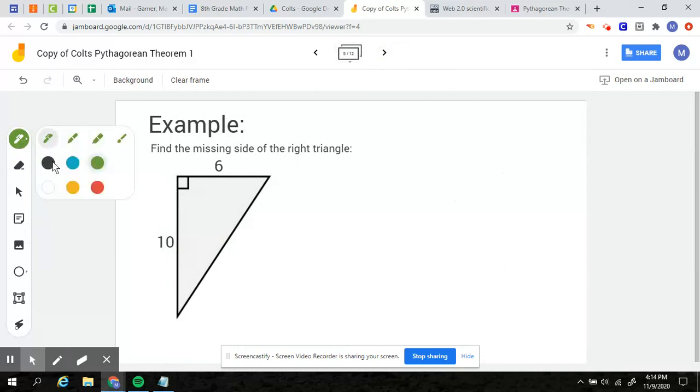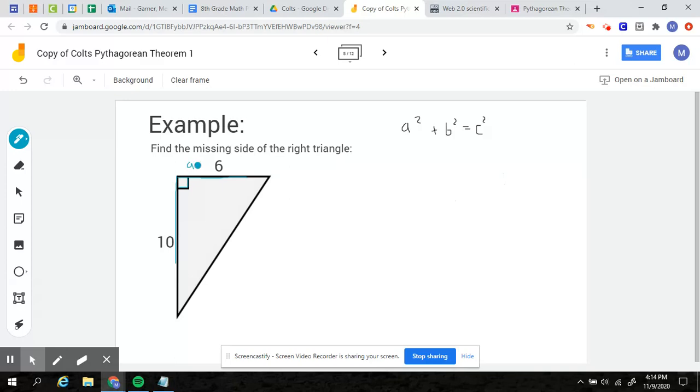One more example here. Our theorem, once again, the Pythagorean Theorem, says a squared plus b squared equals c squared. If I look at my triangle, I see that the two sides they have given me are my two legs. They're the two sides that form my right angle, the one that has the box there. So it doesn't matter which one is which.